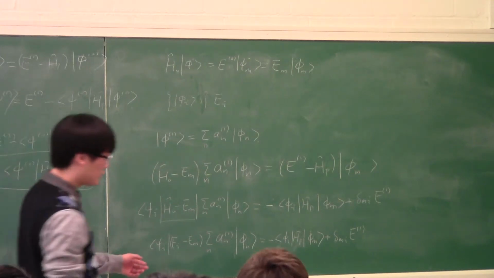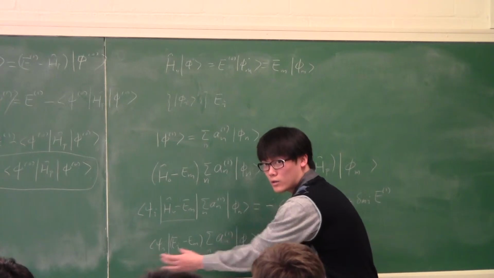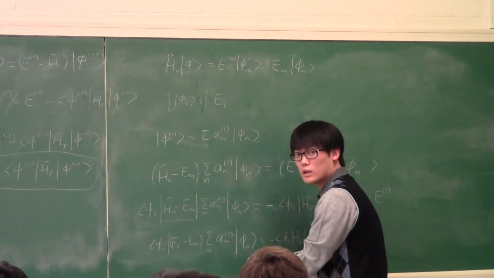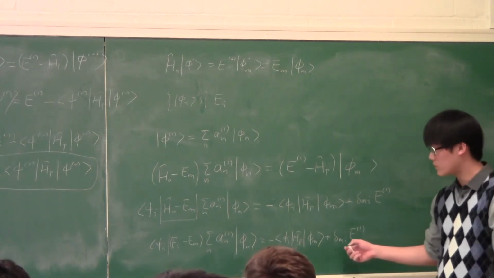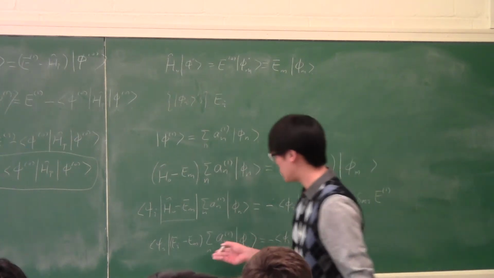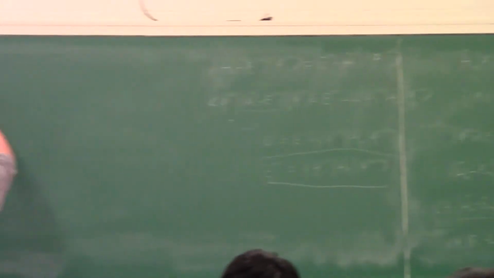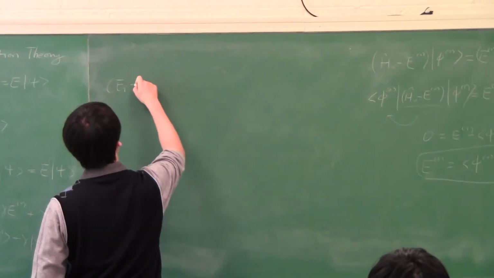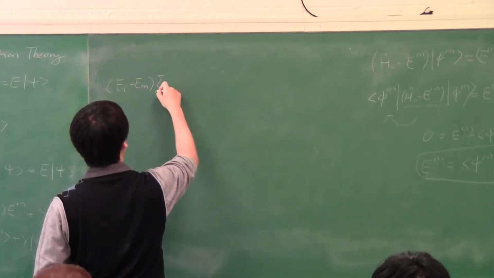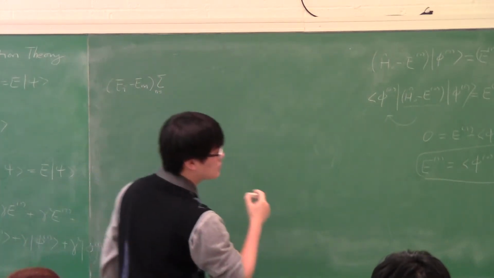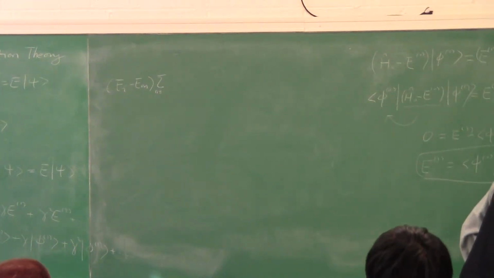Okay. So now since these are all numbers, I can take this across to here, and I'll get a delta_ni, and then over here we have delta_nm. So for the case, let's write the whole thing out.